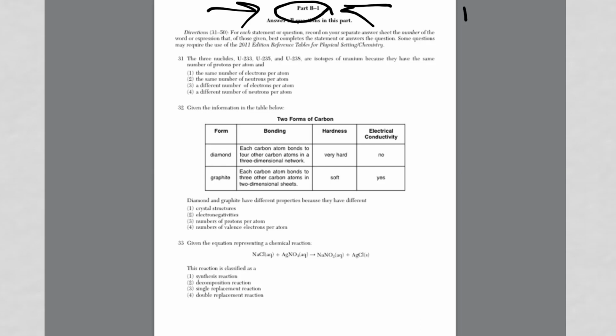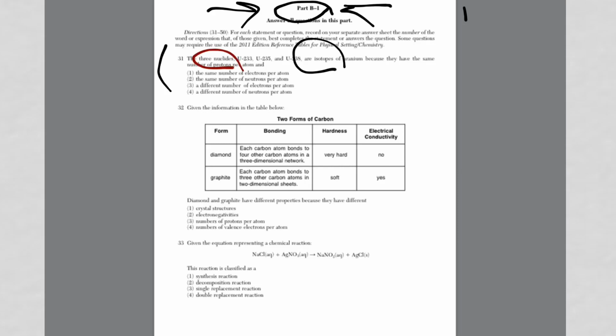So let's take a look. Alright. Question 31, we have nuclides. Nuclides mean isotopes. It's another word for it. So uranium-233, 235, 238, they're all isotopes because uranium has the same number of, of course, now I just blocked it, protons.